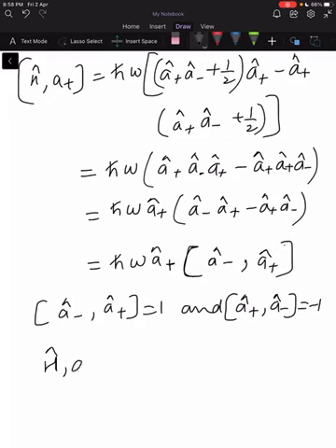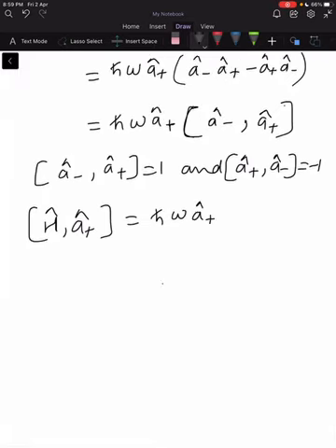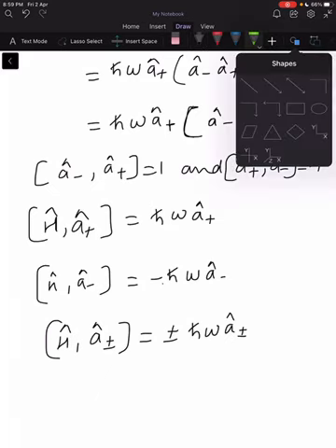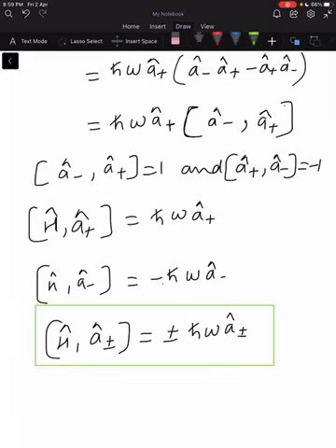So we get [H, a+] = ħω a+. Similarly, we can get [H, a-] = -ħω a-. So we can write [H, a±] = ±ħω a±. This is the proof.